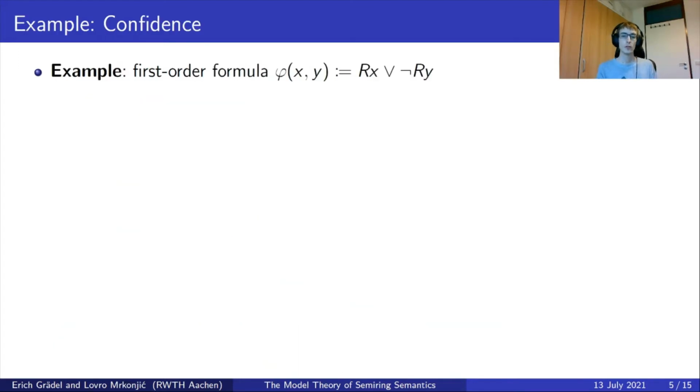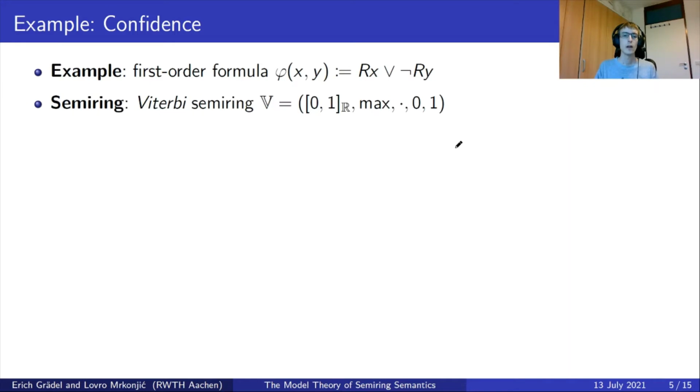Before proving the results, let's show an example. So we use a first order formula, and as our semiring, we will use the Viterbi semiring. The elements of the Viterbi semiring are real numbers between 0 and 1, and they model confidence scores. The addition is the maximum, and the multiplication is as usual.